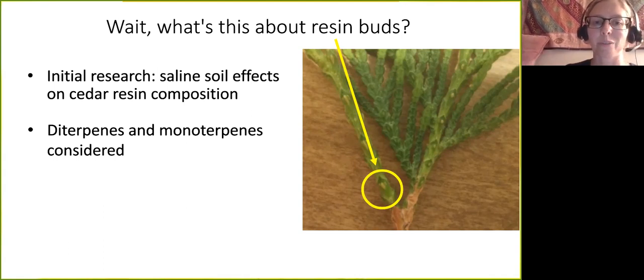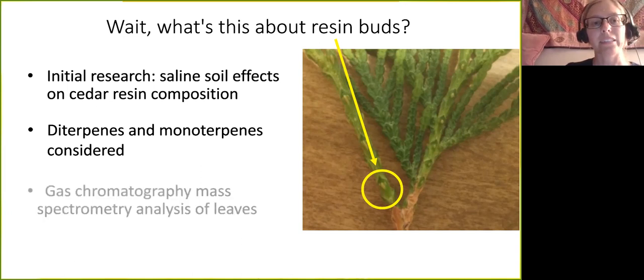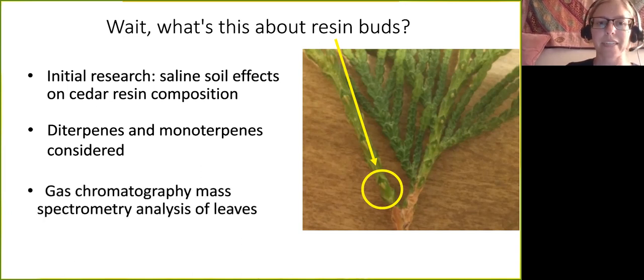They don't vaporize quite as easily. So they kind of help those monoterpenes stay around a little longer so they don't just all leave instantly. So I was interested to know how those might be affected by saline conditions. And I did some gas chromatography and mass spectrometry analysis of the leaves.